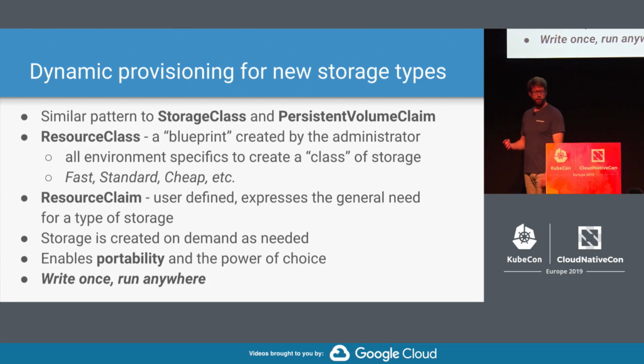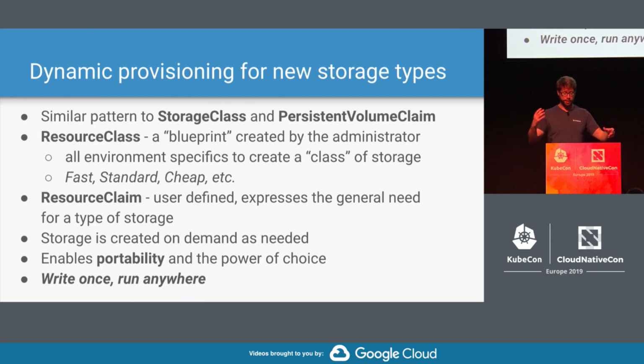And then very similar to persistent volume claims, we could do resource claims, general resource claims. So instead of just volumes, we could do claims for all these other types of resources that users can make to say, hey, I just generally need a Postgres database. Please give me one of those. The application doesn't have to know where it's coming from, just like a pod doesn't have to know where its volume is coming from. A pod shouldn't necessarily have to know where its database is coming from.